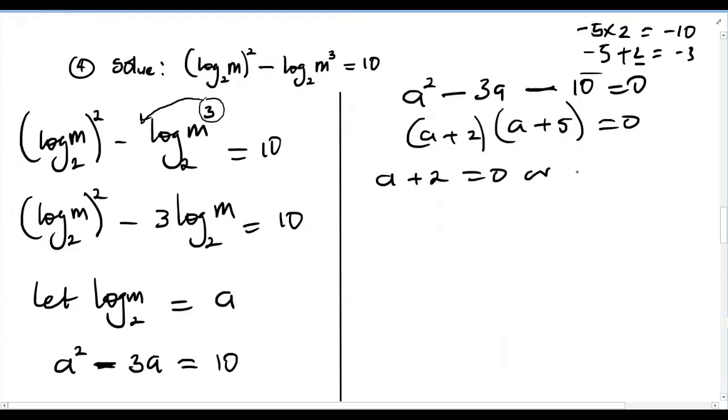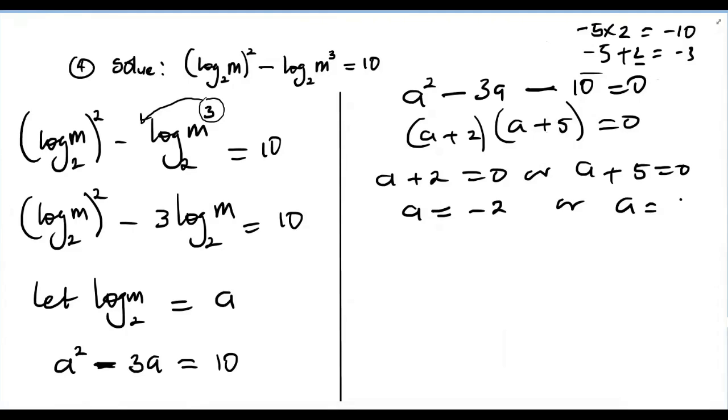So the first bracket is equal to 0, or the second bracket is also equal to 0, right? So if you take 2 to the other side, to the right hand side, it becomes a equal to minus 2, or a is equal to what? Oops, I wrote plus here. Sorry about that.